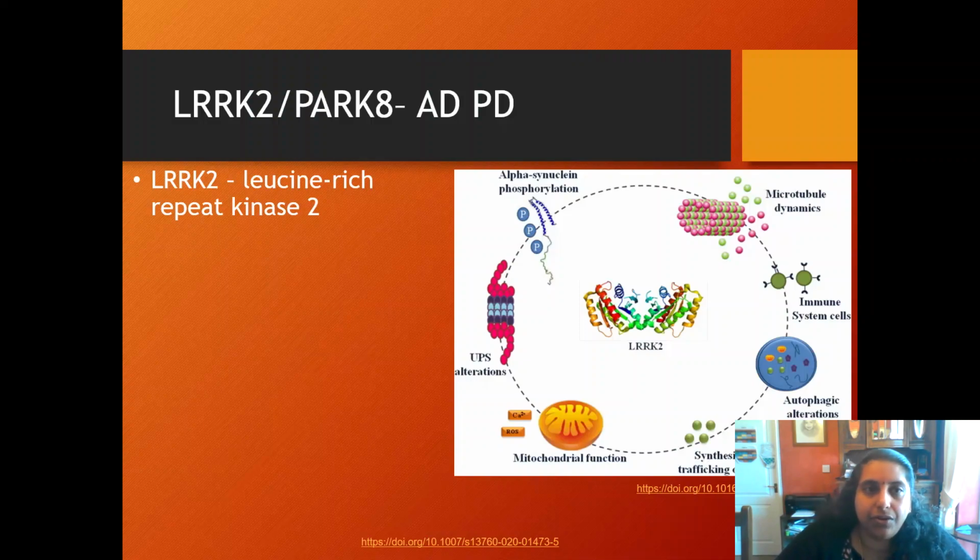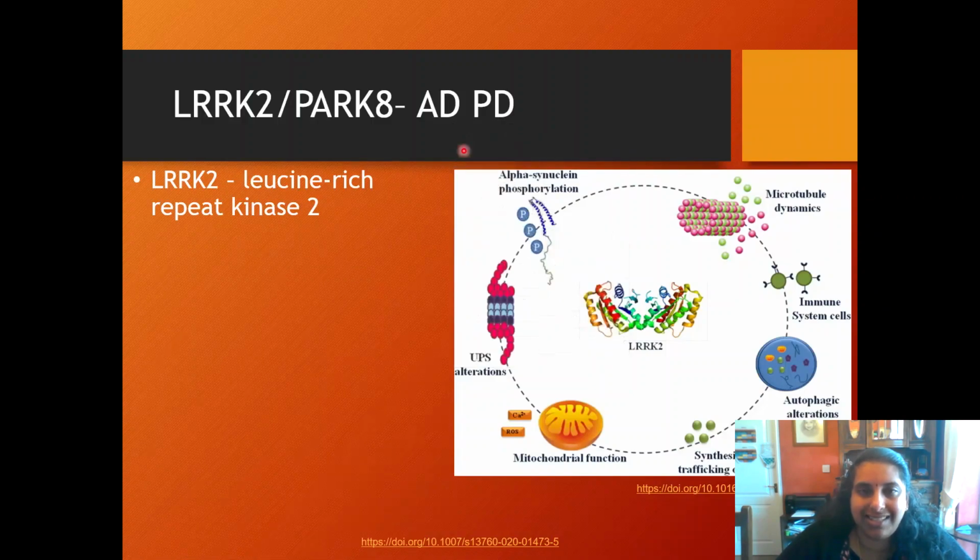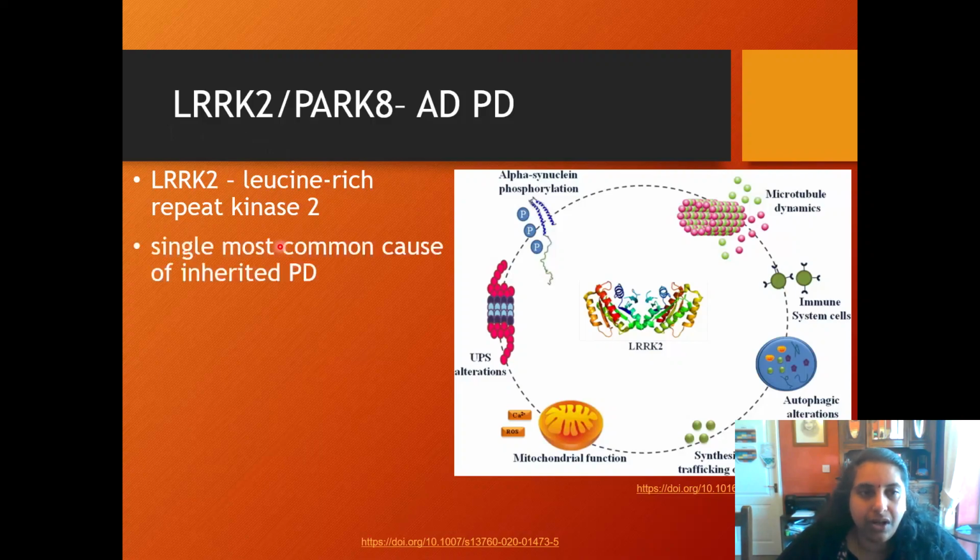It's also known as Park8, and it also is an autosomal dominant form of Parkinson's disease. So that means only one copy needs to be mutant before it has the effect. And so LRRK2 is actually the single most common cause of inherited Parkinson's disease.